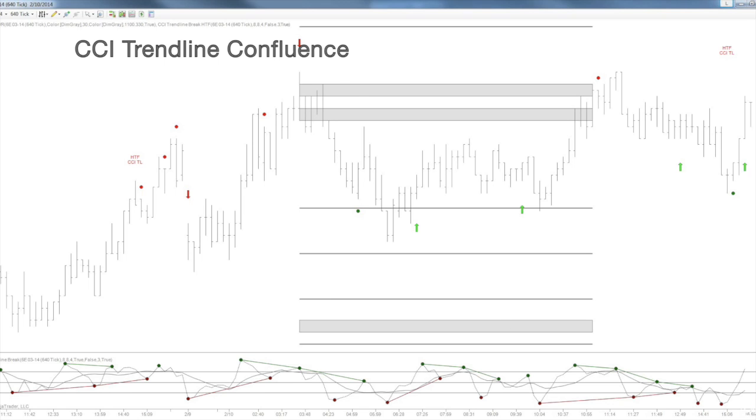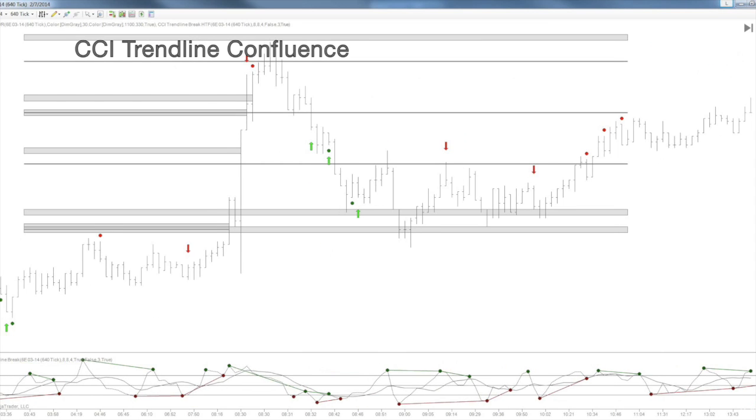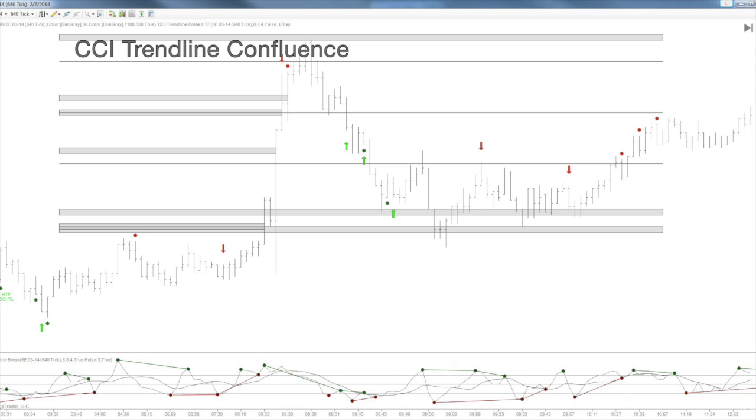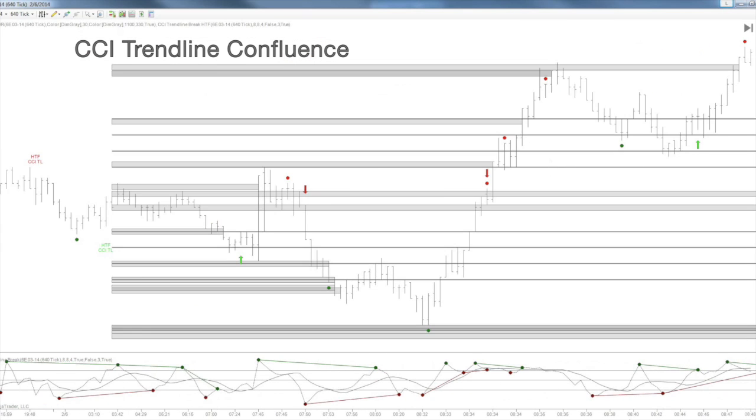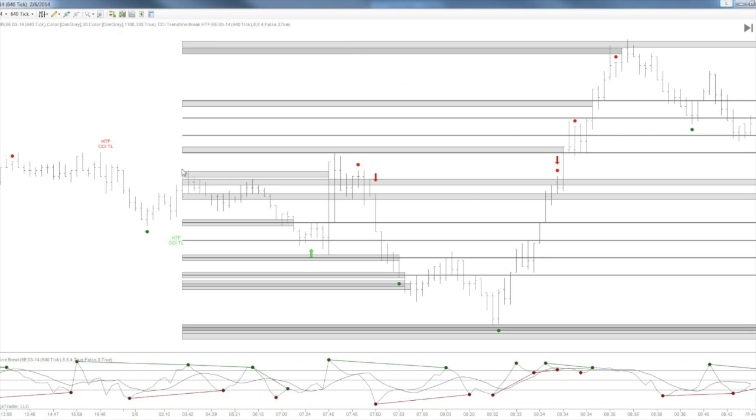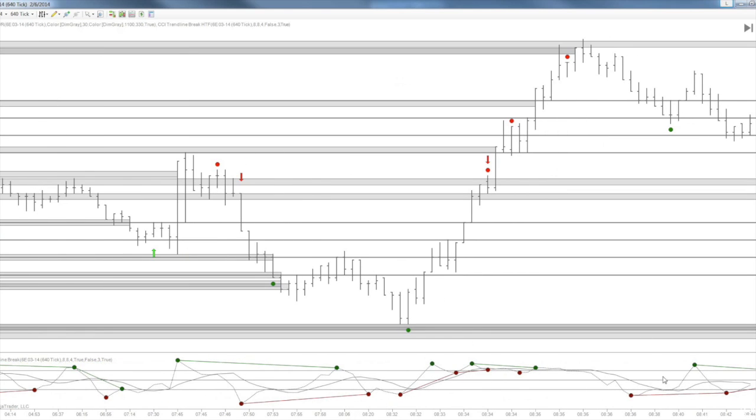And I will scroll back a few days as well. It's prior day. And really explosive day here. This is another day where there was not a lot of volatility at the open, so you get more intraday lines. And here's an example of confluence. A couple of days of resistance right here and an indicator. This is a CCI cross.